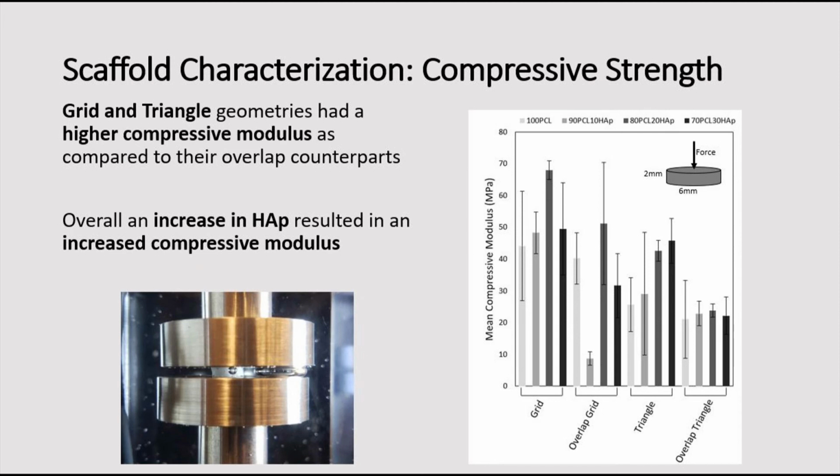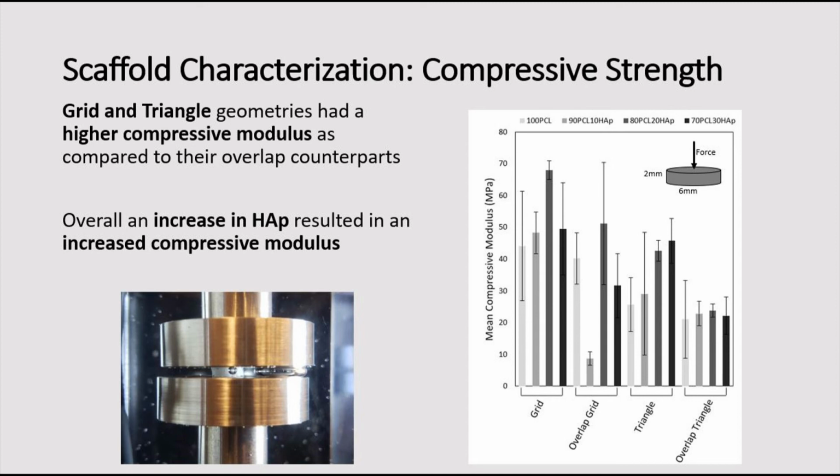3 samples of each printing geometry and material were tested, and the mean compressive stress was determined. Through the comparison of printing geometry on compressive modulus, the grid geometry had an overall higher compressive modulus for each material than the overlap geometry, which was also true for triangle geometry as compared to overlap triangle.